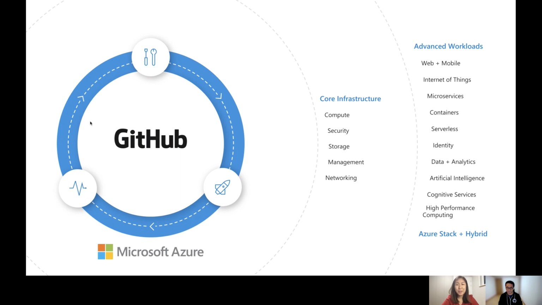You can deploy to our core infrastructure or advanced platform as a service workloads, such as Azure Functions and Azure Kubernetes Service. Also, you can leverage Microsoft and open source data solutions, AI, and cognitive services, as well as extending your application across Azure Stack and hybrid deployments.